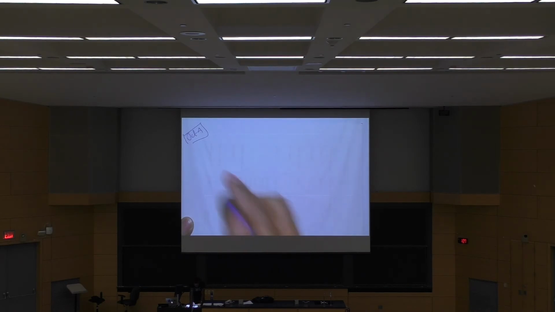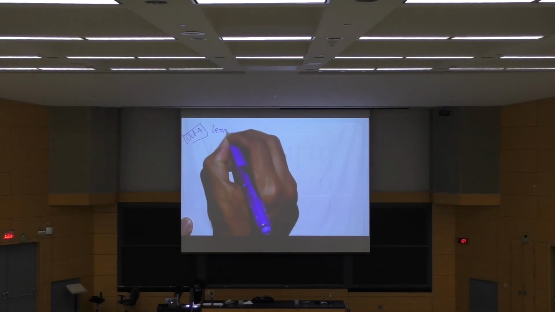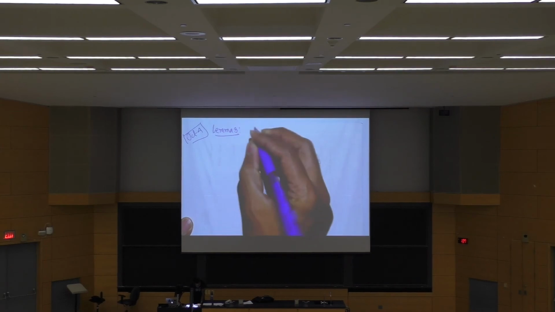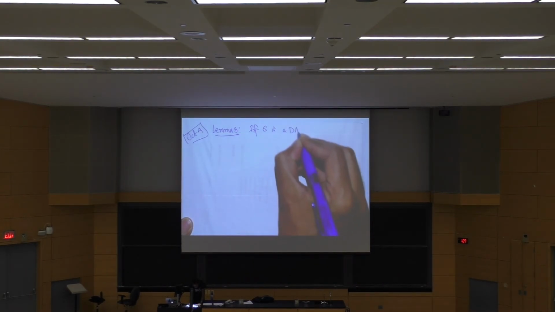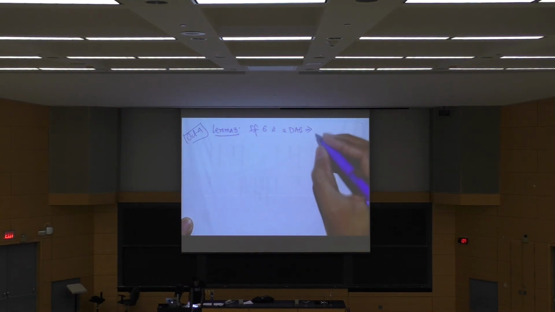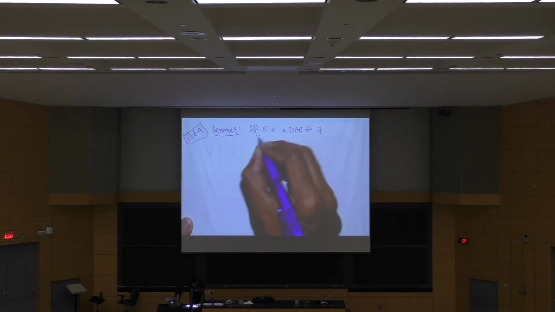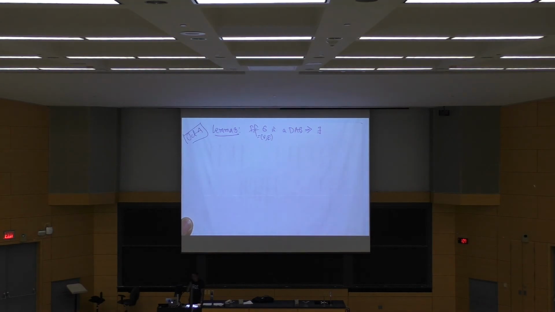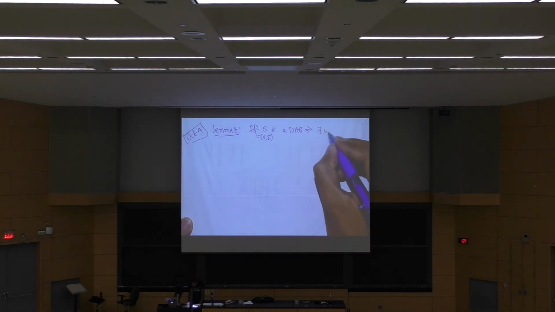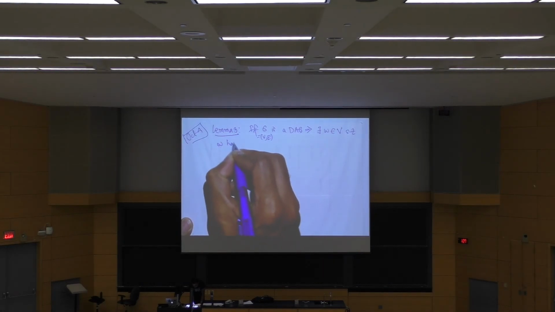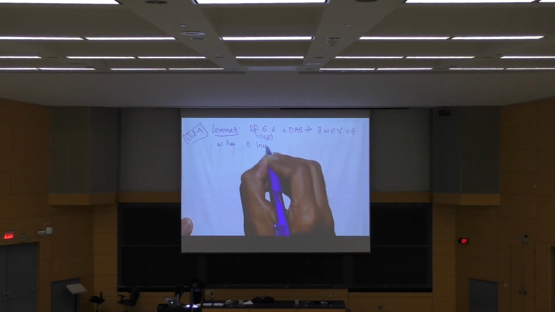All right, so we had stated this lemma that I think we were calling lemma 3 last time, which says if G is a DAG, on vertex set V, then there exists a vertex W such that W has 0 incoming edges.